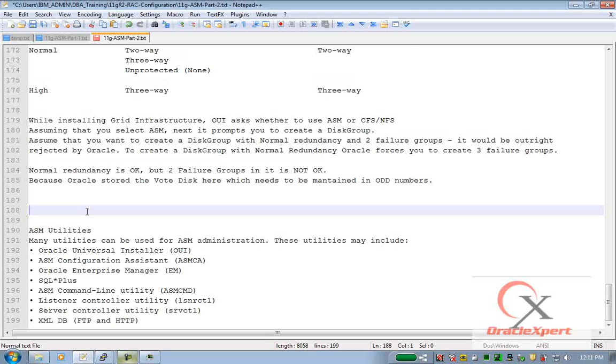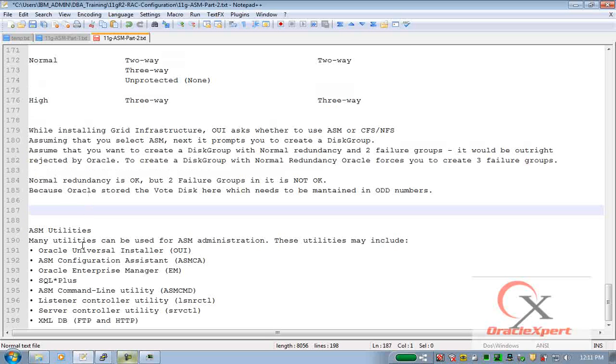Next is understanding what all ASM utilities are available. There are multiple ASM utilities for administration purposes or for reporting purposes. However, I am worried about the client part of it, which acts as an ASM client. Oracle Universal Installer acts as a client, because while creating a database, while installing RDBMS, on one screen it says, do you want to create a database?